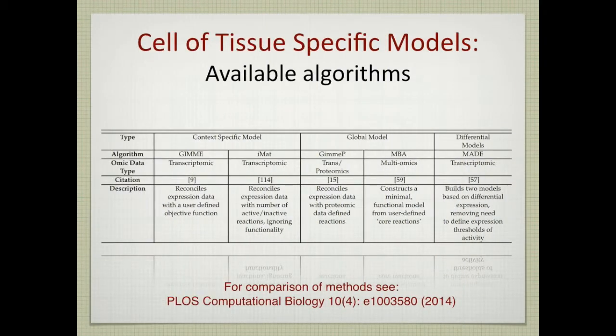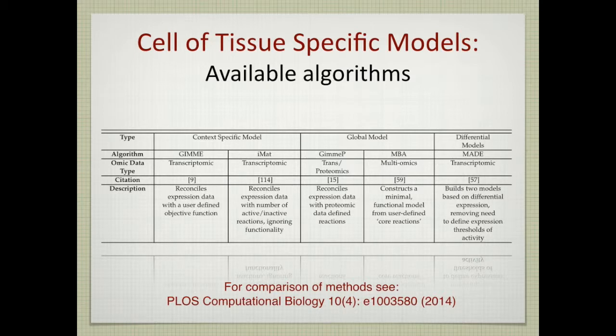I should mention that there are many different algorithms now available, and we may talk about them later, to do this tissue specialization. Typically the algorithm takes Recon 1, then takes the expression profiling data or the proteomic data and maps it on there and customizes it.